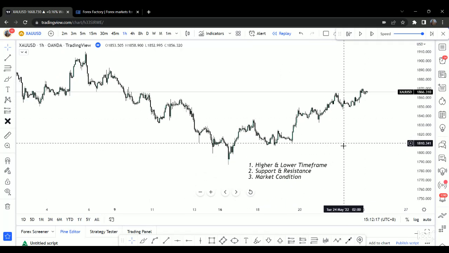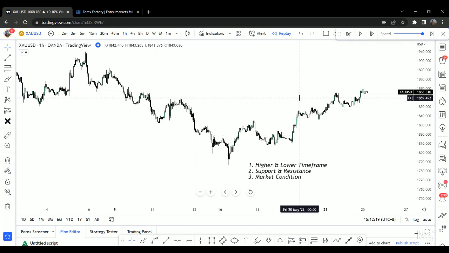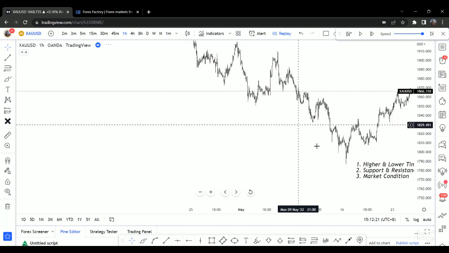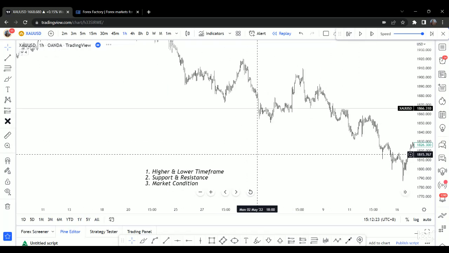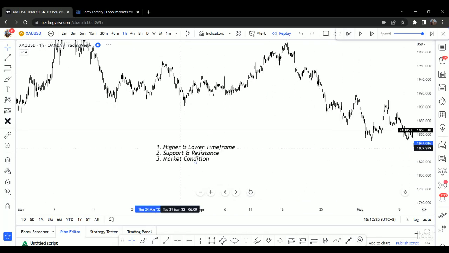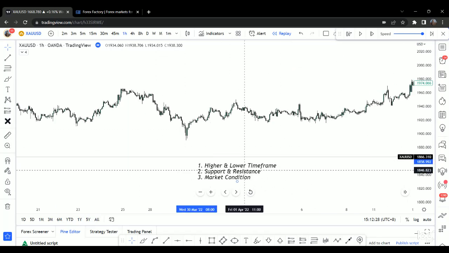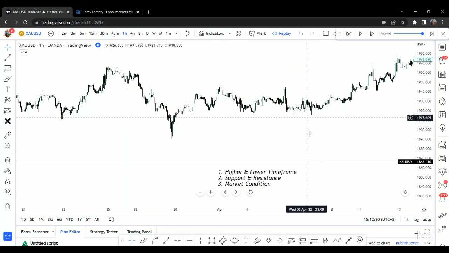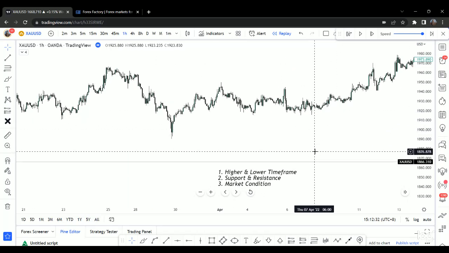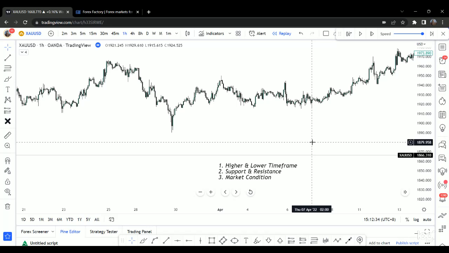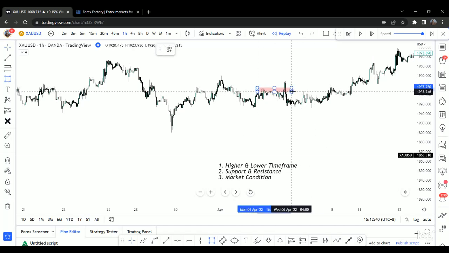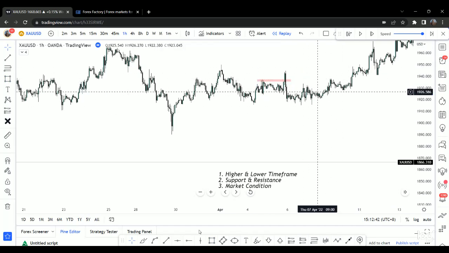Because one mistake that I see retail traders make very often is, I'll give you one example right here. They look at here, especially those trading the 5-minute, 3-minute, 2-minute chart, lower time frame. They might look at this and say, oh, here we have a resistance broken, therefore I should buy.